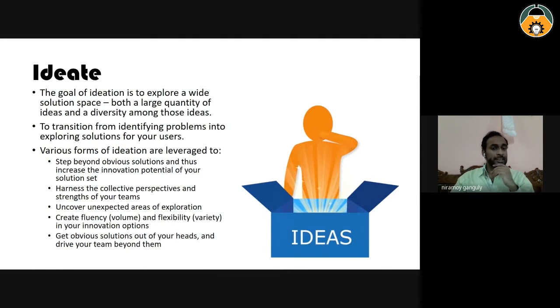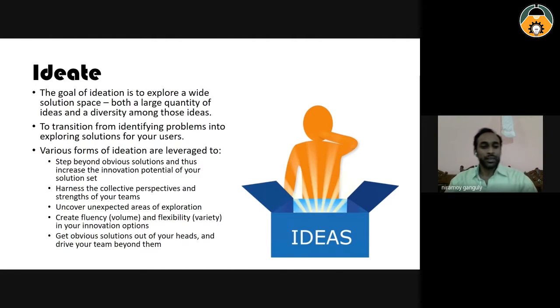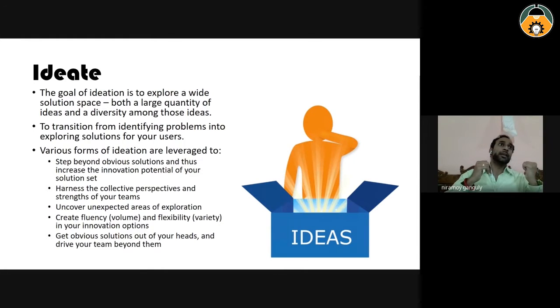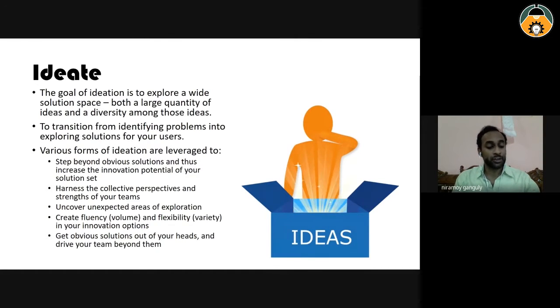Then the next stage is ideate. In this, after you have created what your problem is, you're going to explore in a multi-directional approach, trying to find what the possible solution can be, using sketches and different ways of communicating, exploring the solutions even more, as to whether this particular solution would actually be helpful in producing a certain prototype.